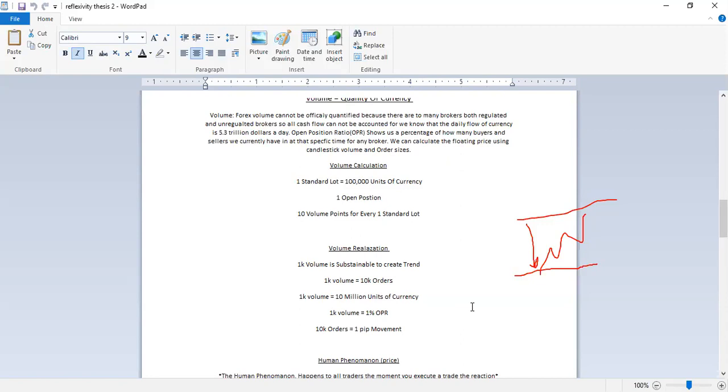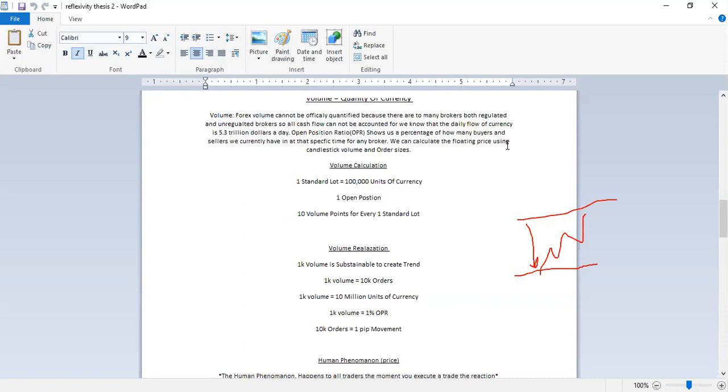Now, the most important part about volume is it's showing us the quantity of currency that's being traded at any one particular time. The reason why you need to know volume is because it allows you to follow the money a lot easier, rather than just looking at the direction of what the candlesticks are saying.